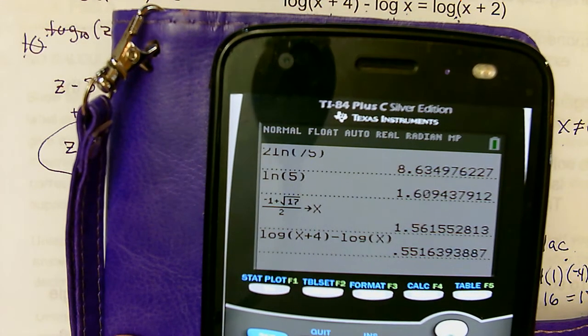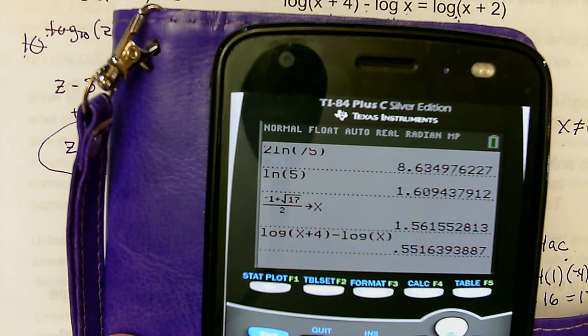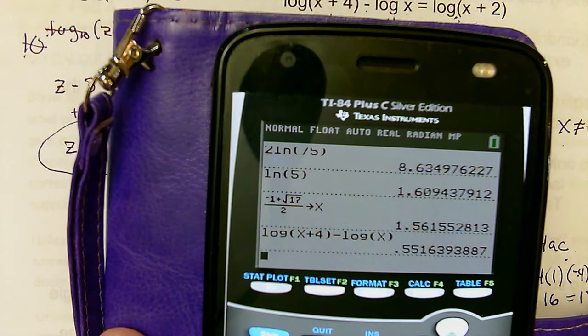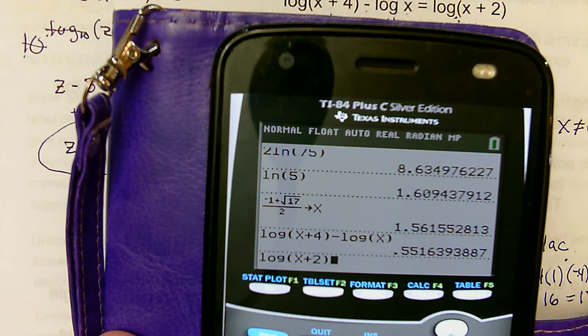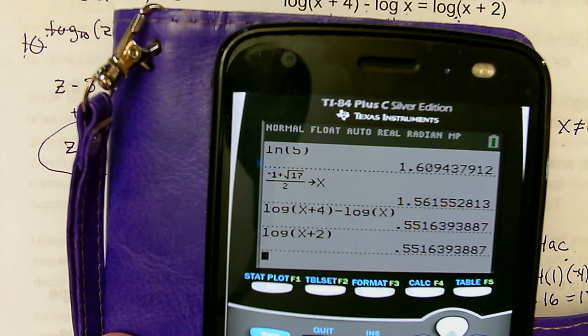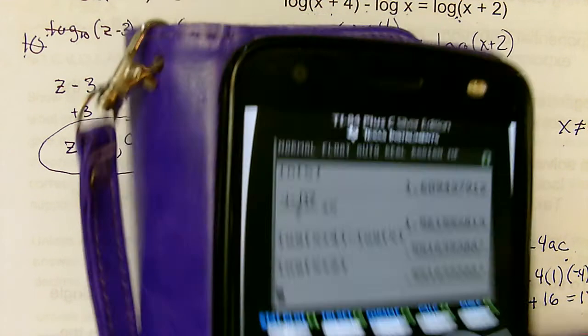So that came out to 0.5516 whatever. Okay? And now I'm going to do the right side of the equation, which was the log of the quantity x plus 2. And notice I do get the exact same answer on the calculator. So that means that answer is correct.